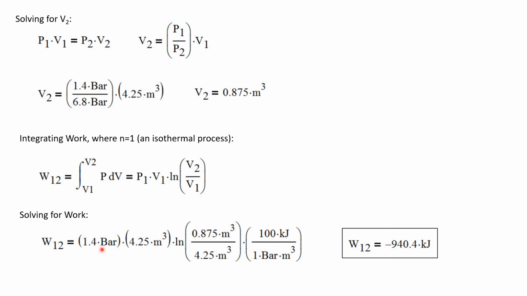We know P1 is 1.4 bar, V1 is 4.25 cubic meters, and we take the natural log of V2, 0.875 cubic meters, divided by 4.25 cubic meters, which was V1. And then we use our handy unit conversion that 100 bar cubic meters is equivalent to 100 kilojoules. Solving, we get the work for process 1-2 is minus 940.4 kilojoules.